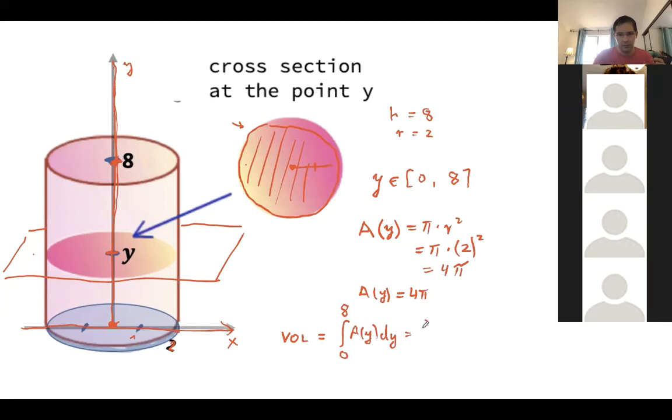Okay, so this is the integral from 0 to 8 of A of y, which is a very simple function, 4 pi dy. This integral is equal to 32 pi. That's something super simple to compute, 32 pi, and that's the volume of this cylinder. So this is what we'll be doing. It's just one example of how we'll be computing the volume of a three-dimensional solid.